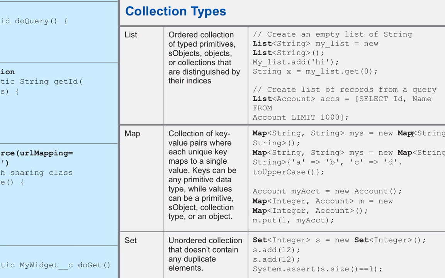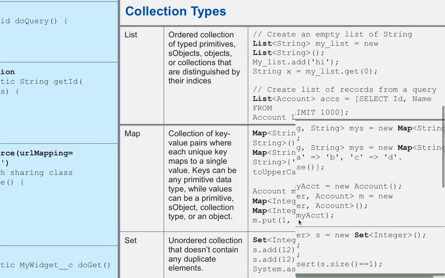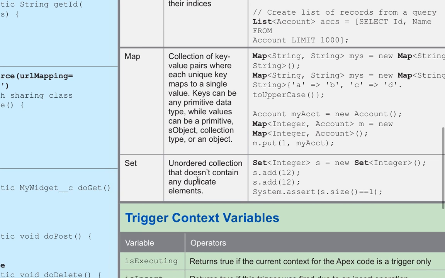Employee map equal to new map string of string, and I can add the values like this. Or I can also put values like this: employee map dot put employee ID comma employee name. Like that, you can put information into the map. There are also some methods for this: clearing map, cloning map, all this stuff.